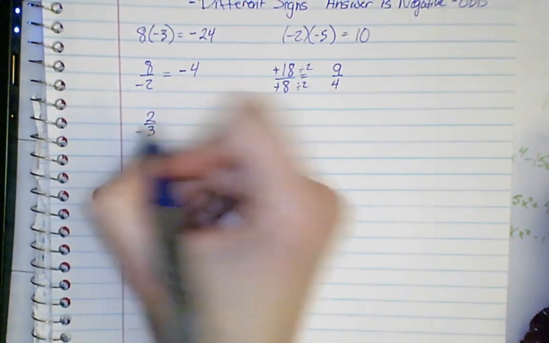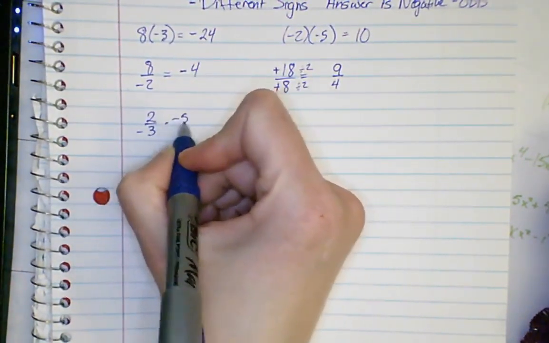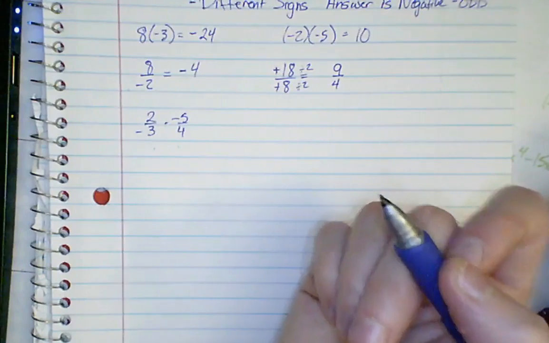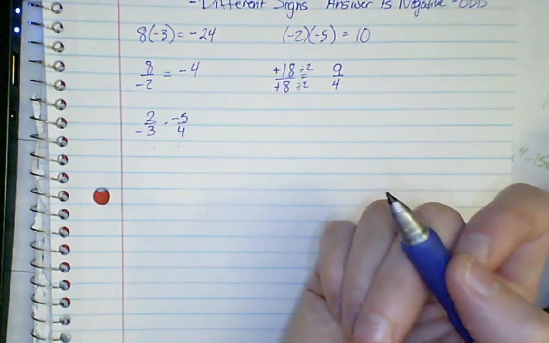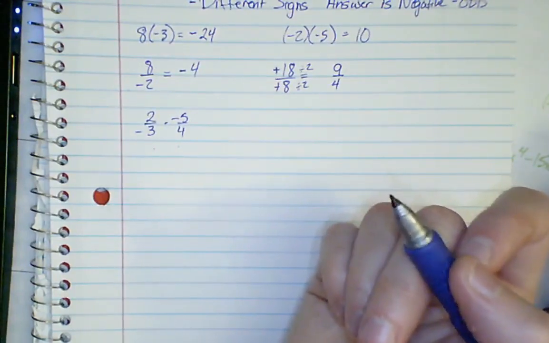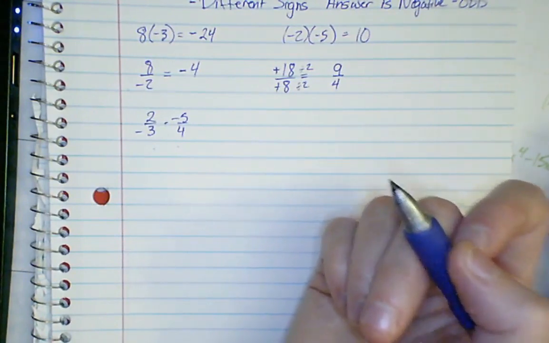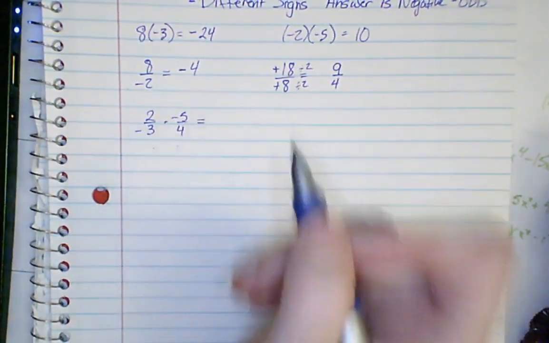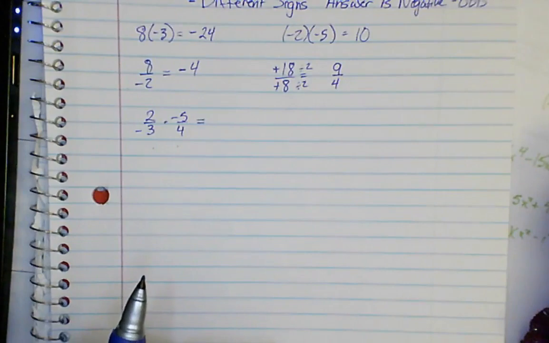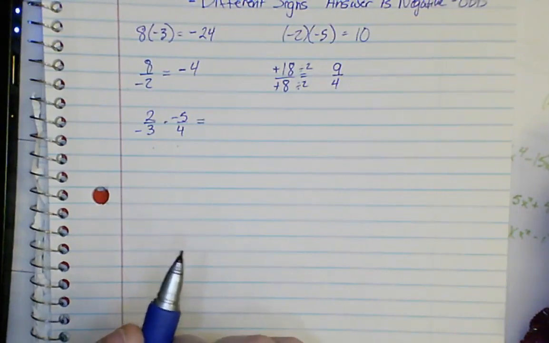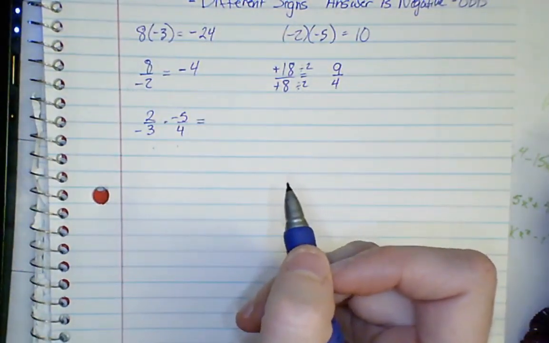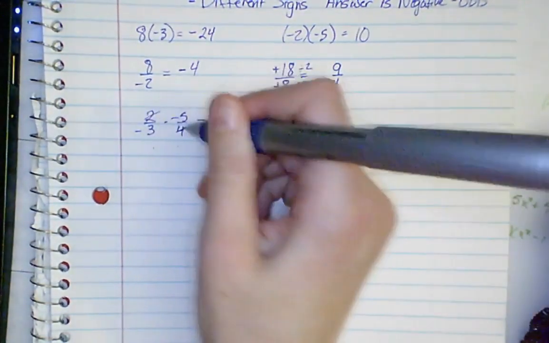2 over negative 3 times negative 5 over 4. We work the fractions just like we normally do. These two fractions are both negative, so we will have a positive answer. 2 goes into 4 twice.